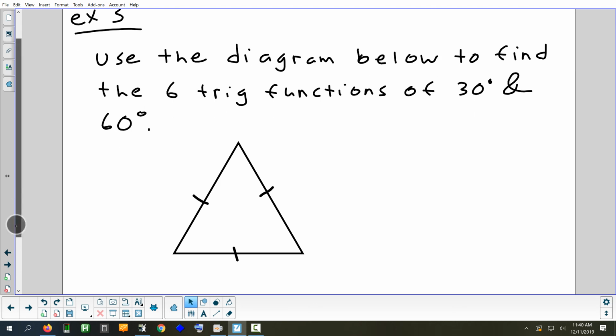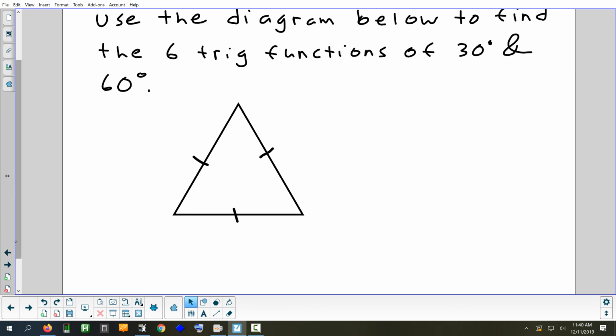It's equilateral. Right? So let's suppose each side is 1, 1, and 1. I don't know if that's the best number to pick, but we can go with that. How can I get a 30-degree angle somewhere in there? Yeah, split it right down the middle.